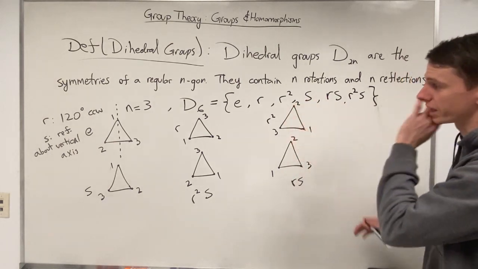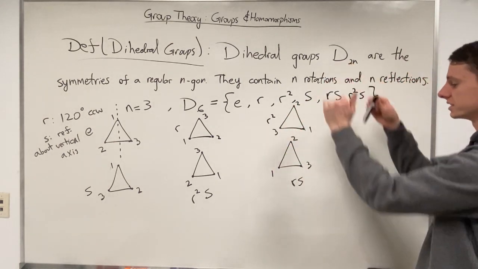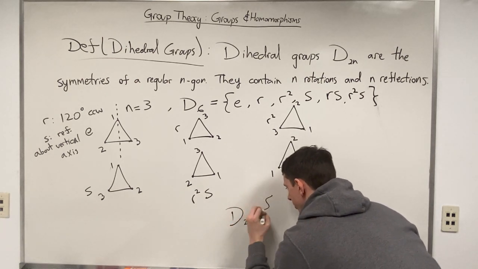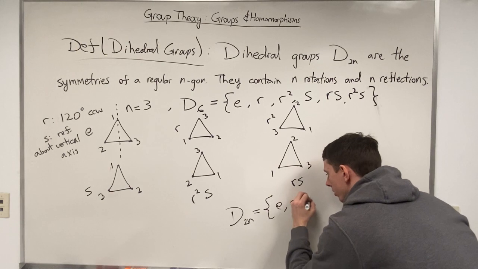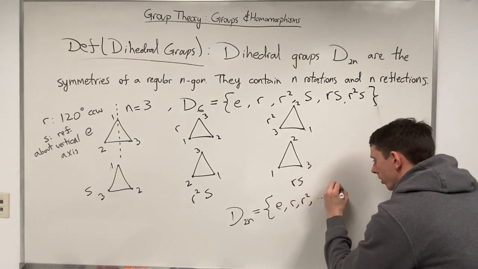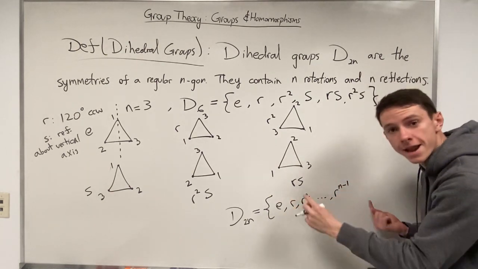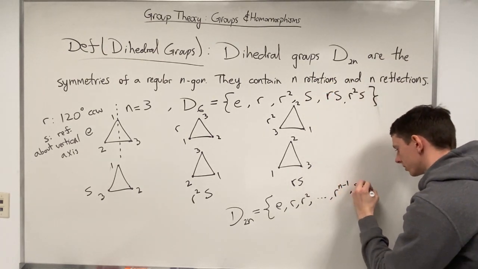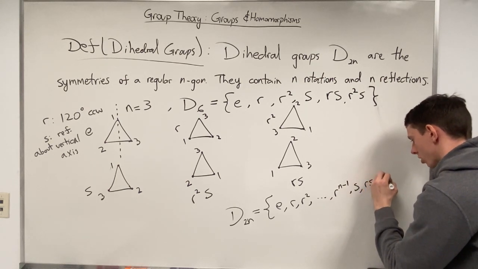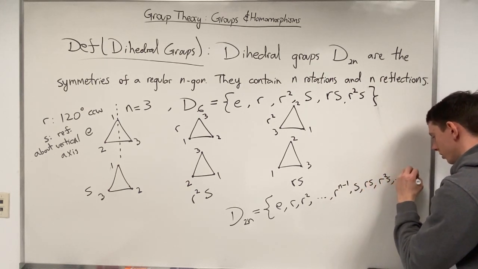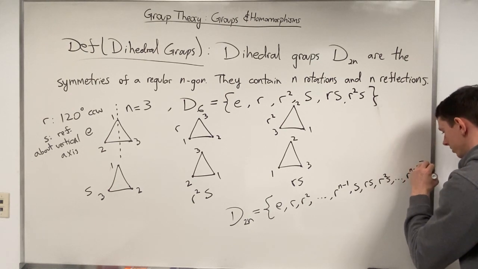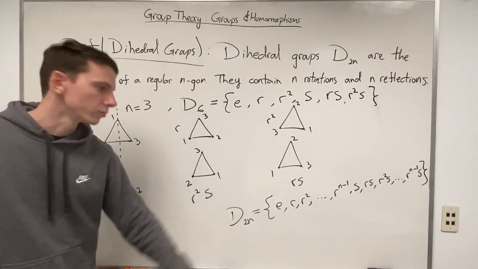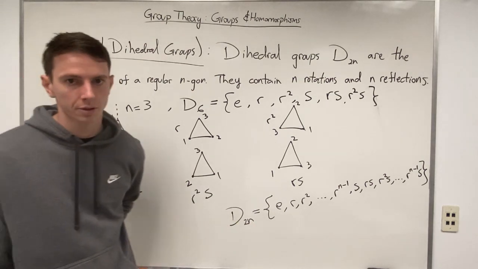And in the general case, this is for D6. But in the general case, D sub 2n, we're going to have a group that's going to be E, R, R squared, all the way up through R to the n minus 1. These first n elements are going to be the n rotations. And then we're going to have S, RS, R squared S, all the way through R to the n minus 1 S. The general dihedral group D sub 2n is going to look like this.